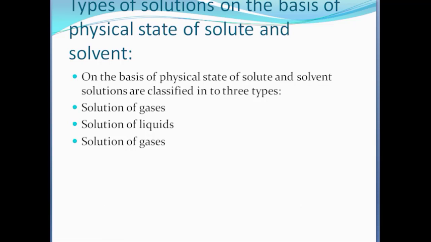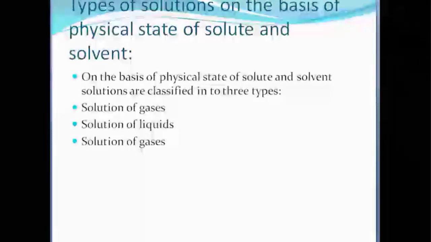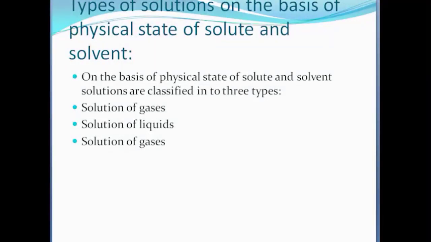An example of this is fermentation of cane sugar, which produces 95% volume by volume of ethyl alcohol called rectified spirit, in which 95% ethyl alcohol is dissolved in 5 cm cube of water to make 100 cm cube of solution. Similarly, 5% mass by mass solution of acetic acid is known as vinegar.